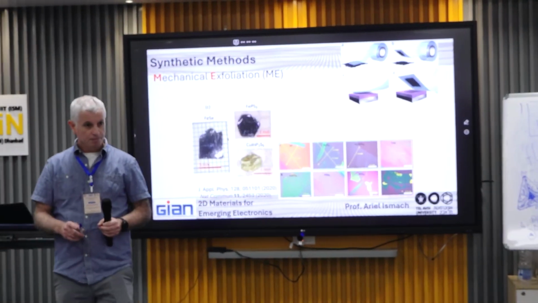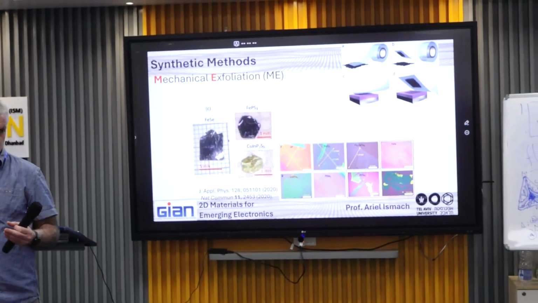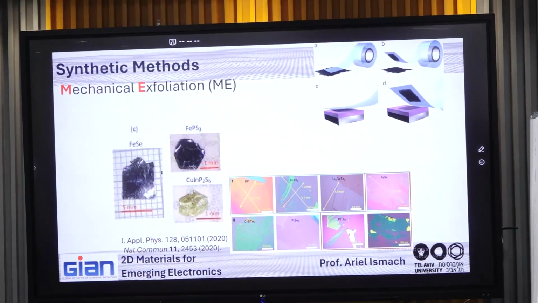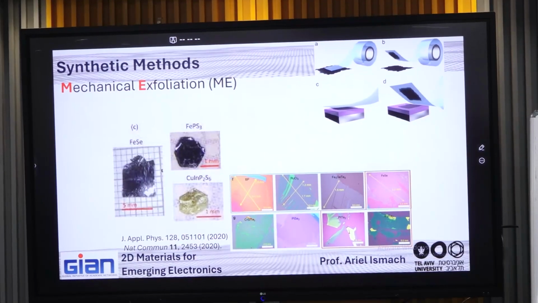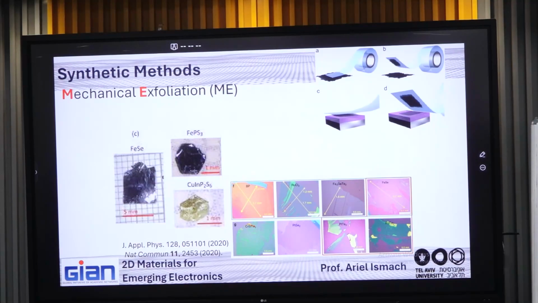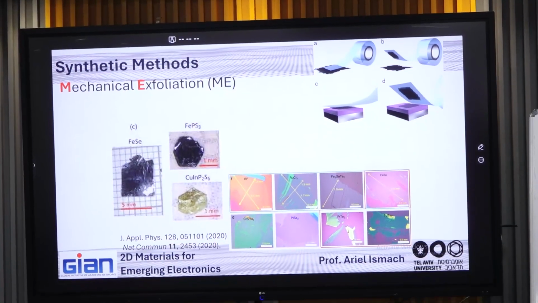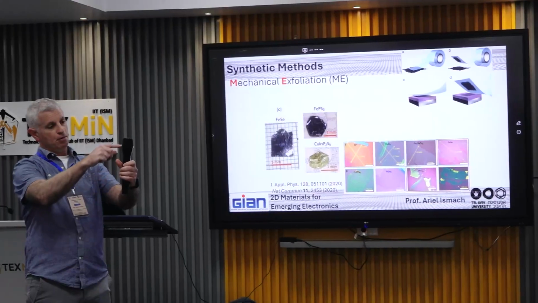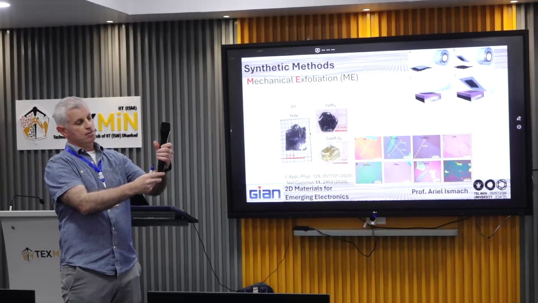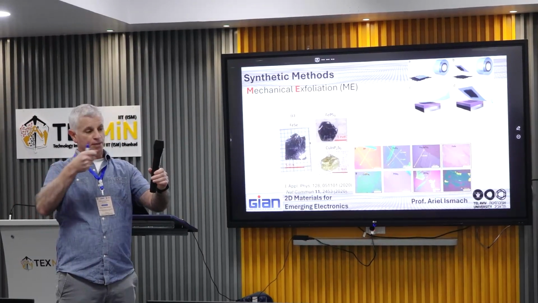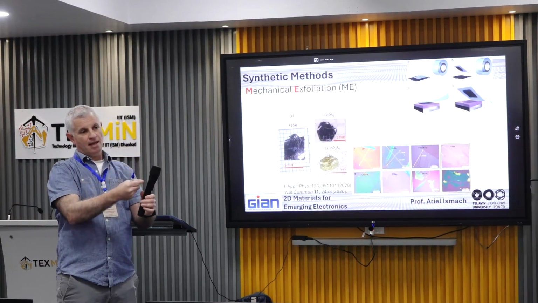So in CVT, what you do is you take an ampule, usually a quartz ampule, and you put all the elements in the right ratio according to the stoichiometry, and then you seal the ampule in vacuum, meaning that you connect it to a vacuum pump and you pump it down. So this is the ampule, here is open and here is closed, of course. And here you have all these ingredients. And while it's pumping, with the torch, you seal the ampule.